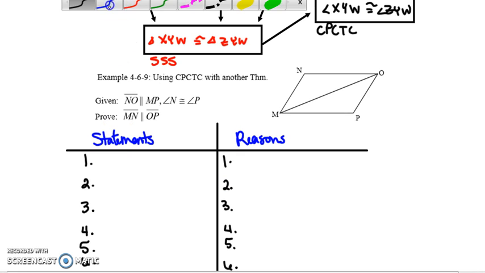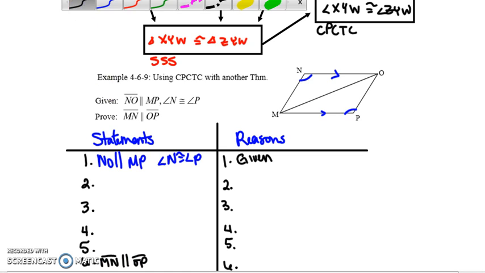Right. So statement 1, NO parallel MP, angle N congruent to angle P. We need to mark that. So NO parallel to MP, and N and P are congruent. And that reason here is given. And this should be MN parallel to OP.